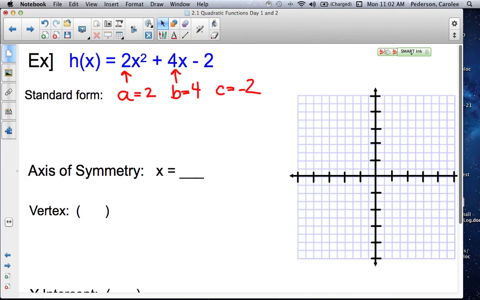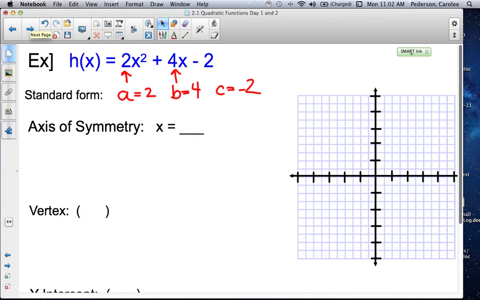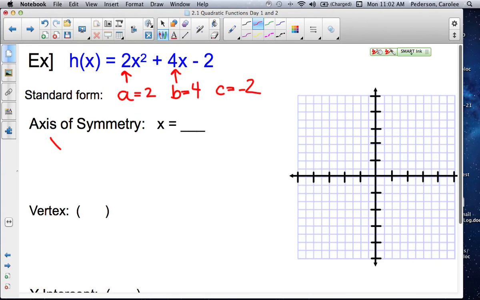So next, let's go ahead and find the axis of symmetry. To find the equation for that axis of symmetry, from the previous slide, we gave you this formula. x equals negative b over 2a. So we're going to substitute in the b and the a. The b is 4. The a is 2.